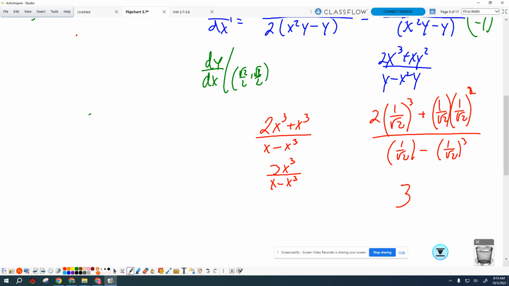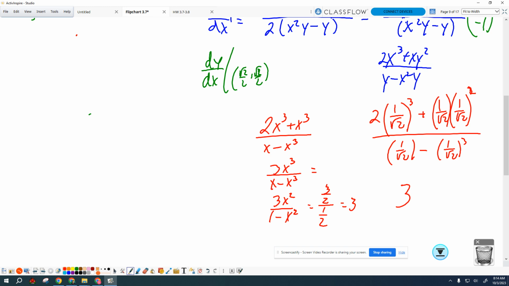Yeah, kind of, sort of. Makes sense. Why did you put in 1 over root 2 instead of root 2 over 2?